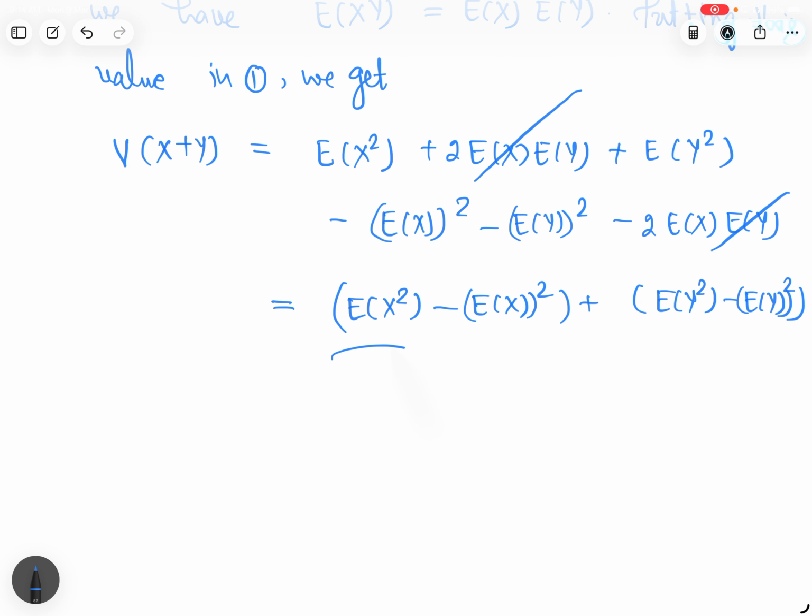Now can you tell me what is this? This is Vx and this part is Vy. Okay, so it is proved.